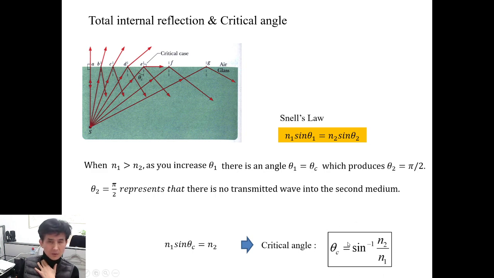So that's called the critical angle, and 100% of light is reflected from the surface. And this is the condition we use in glass fiber, optical fiber.